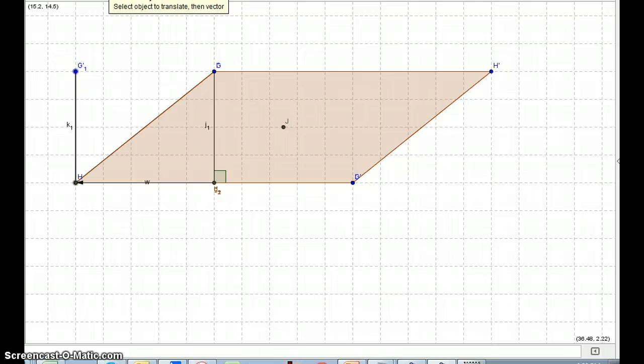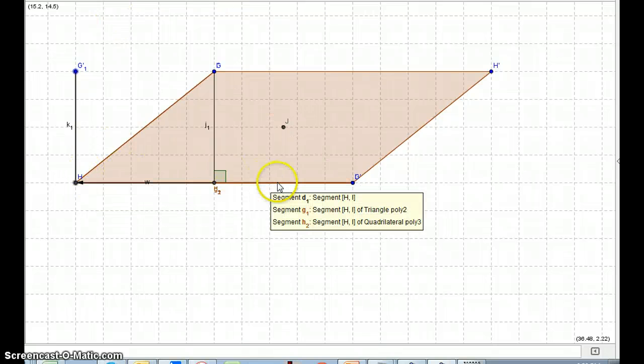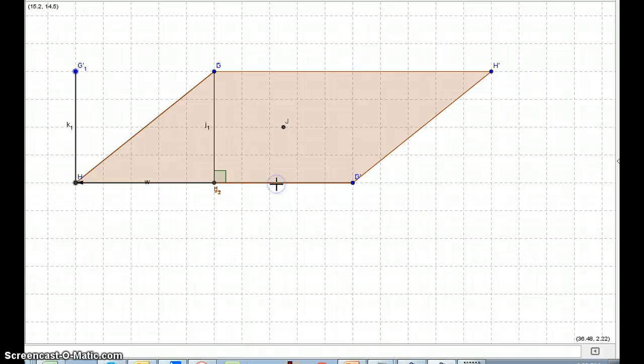And let's translate this base, this segment, along this vector, and let's create the related rectangle. Now, I'd kind of like this related rectangle to show up separately. And what do you see here?